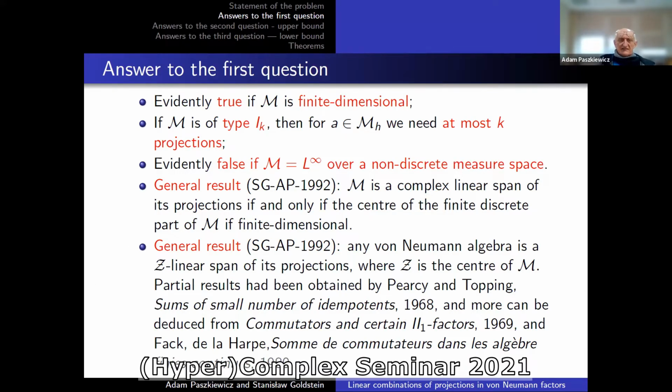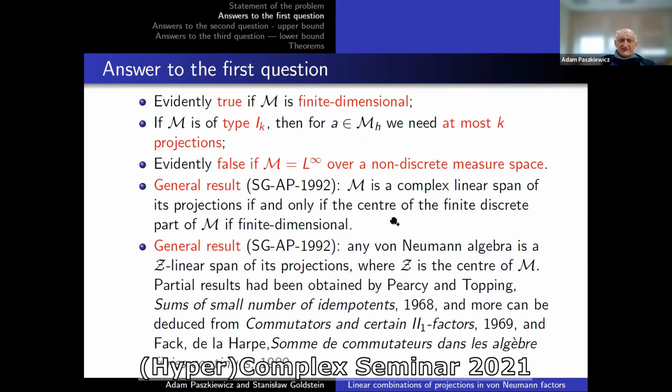But it's interesting that we have some quite general results. They were obtained in 1992 by me and Stanisław Goldstein, and they say that all depends on the center of the algebra.